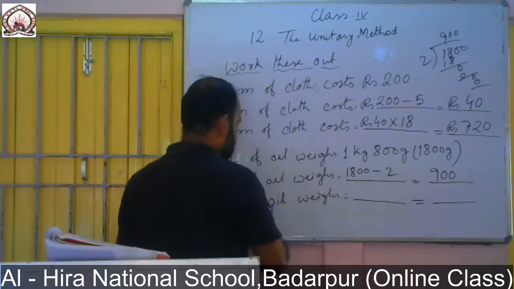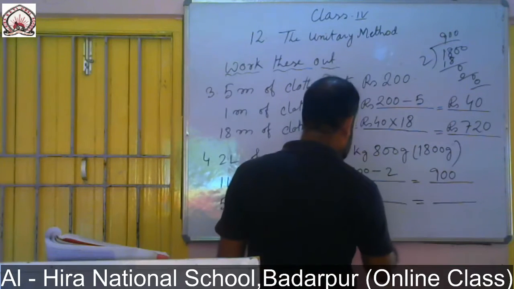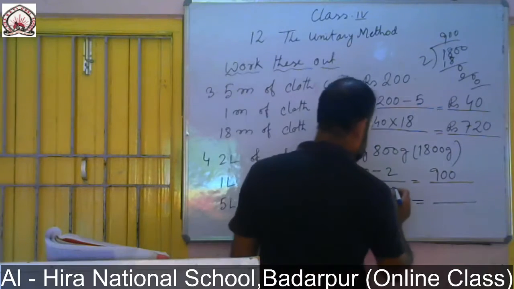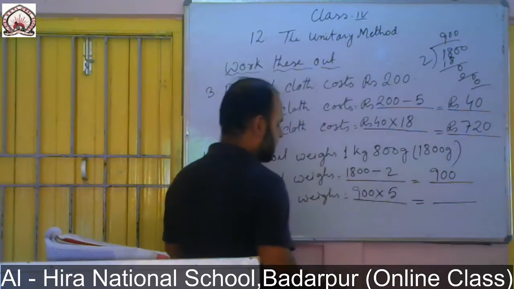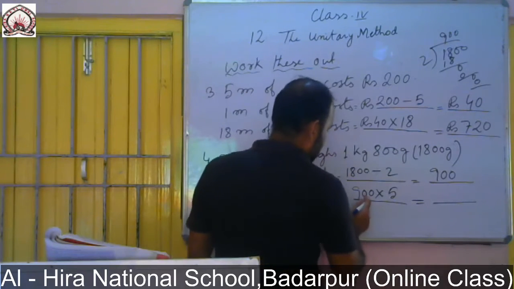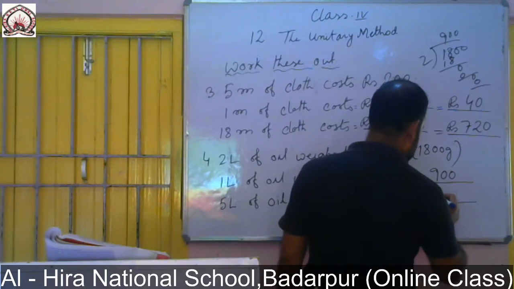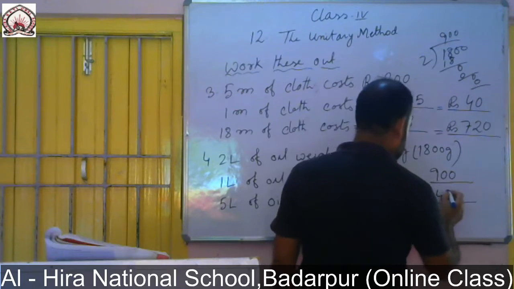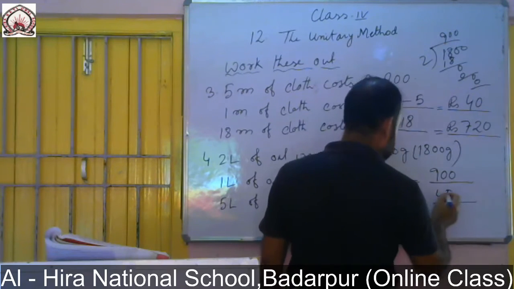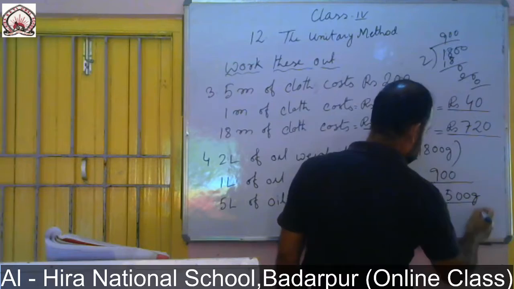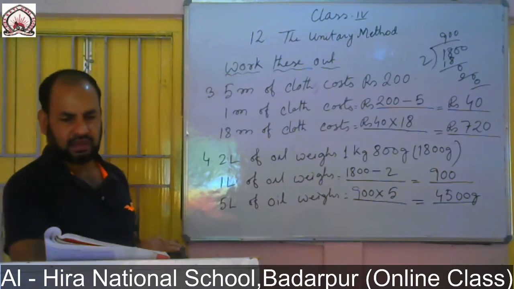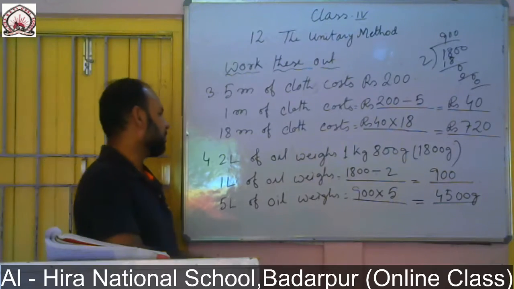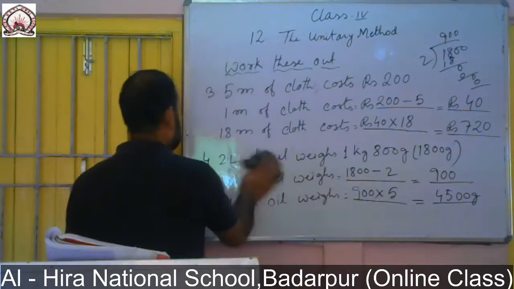So 5 liters of oil weighs 900 into 5. 9 fives are 45, that means 4500 grams.